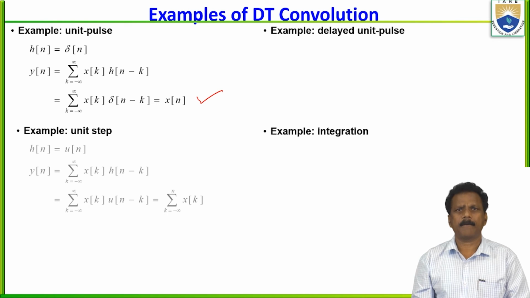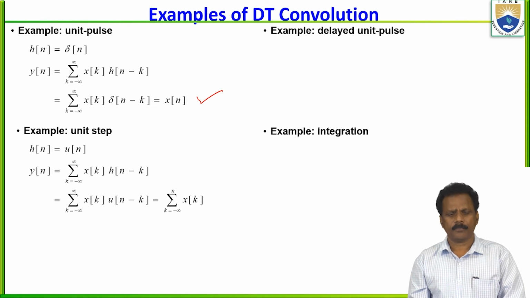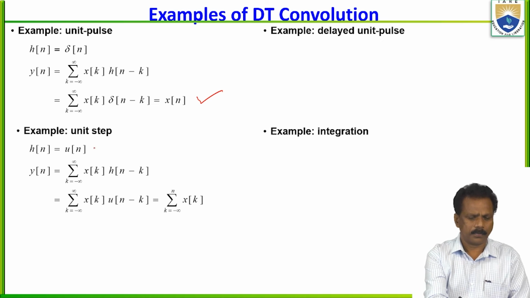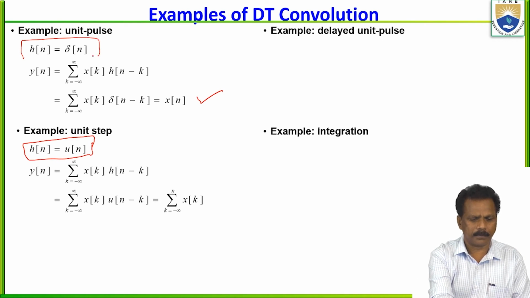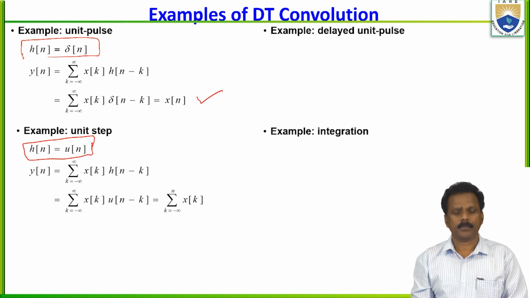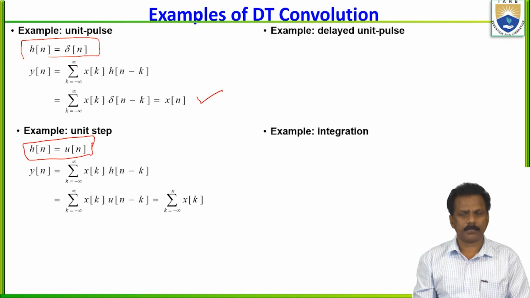Coming to the unit step, h of n is equal to u of n. In the previous case h of n was delta of n, whereas here h of n is u of n.